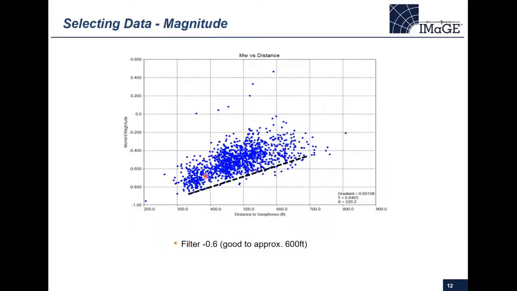Whereas these events down here, we're never going to pick a minus 0.8 event at 600 feet away. So those events aren't going to be seen across our monitoring study.